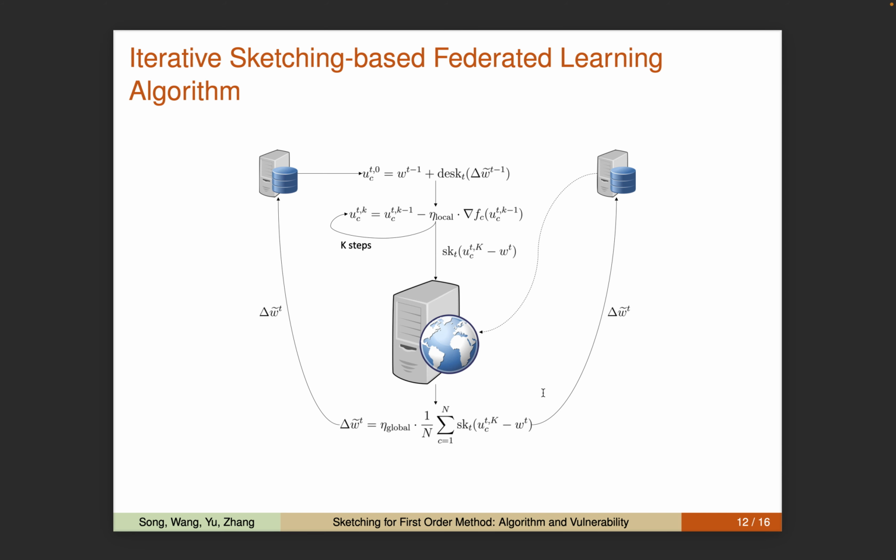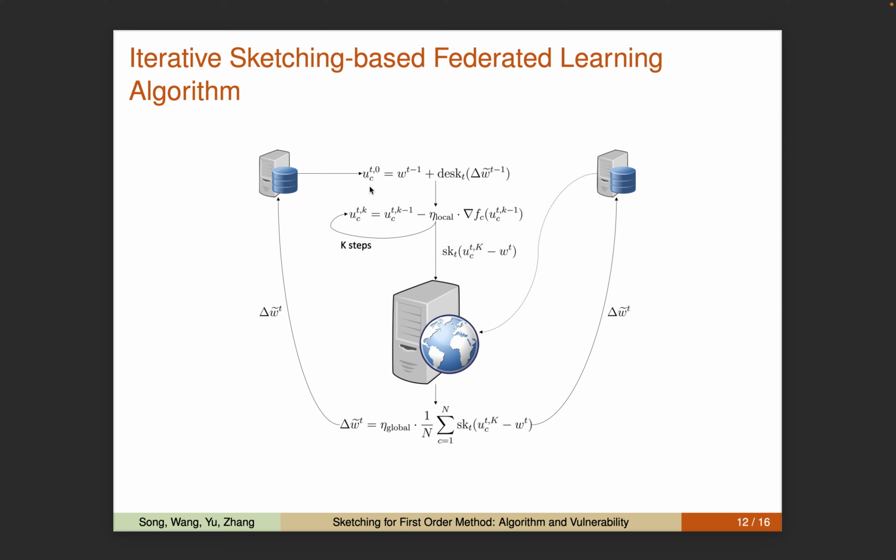At each iteration, each machine first downloads the parameters from the global central server, and then applies a d-sketch, the transpose of the sketching operator, to this parameter, and performs local gradient descent using this globally downloaded parameter.